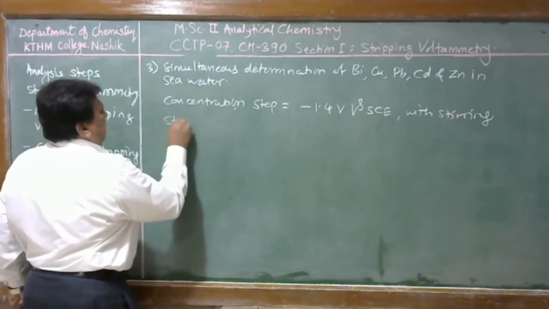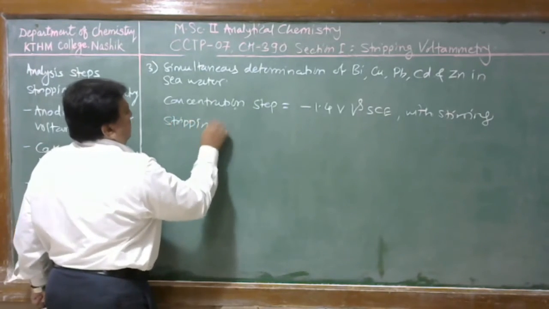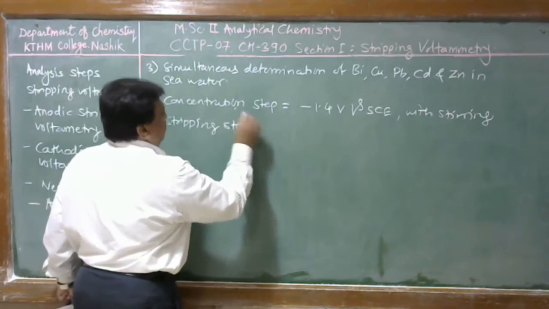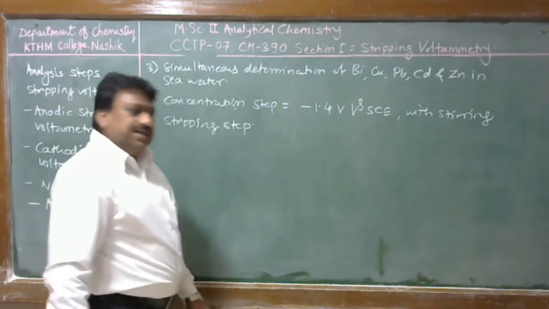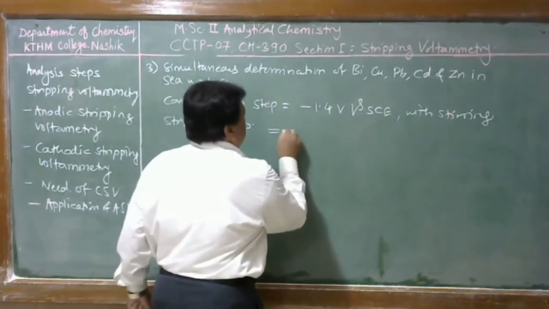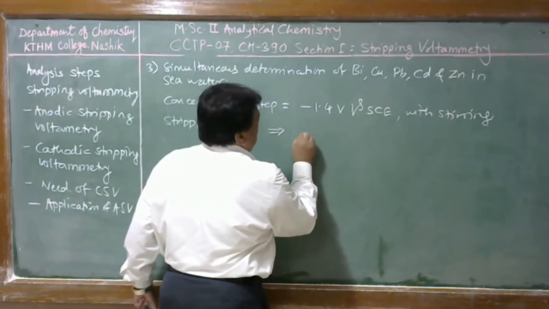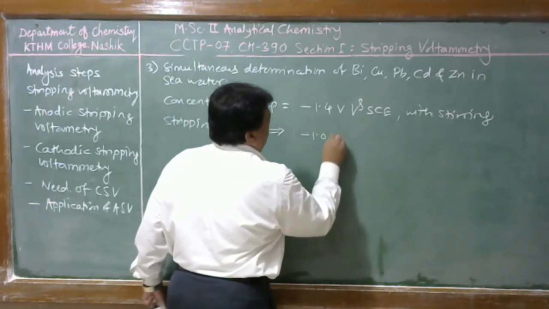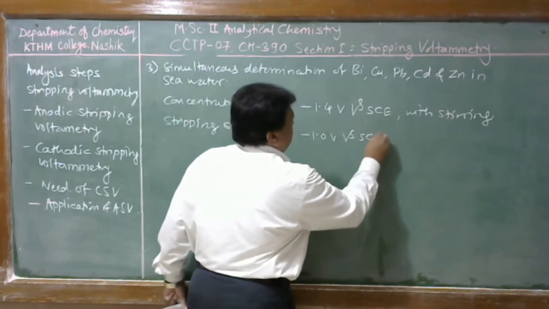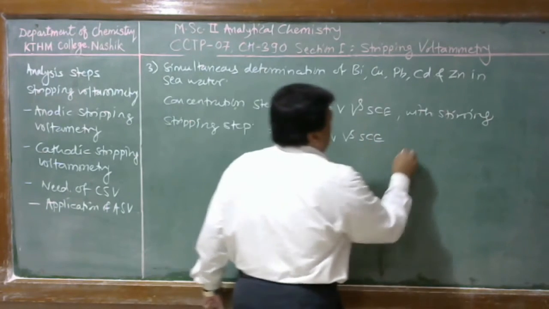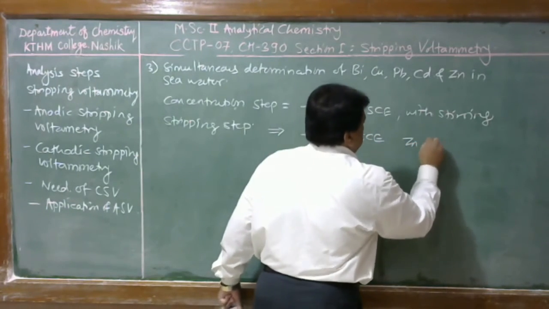Then stripping step is carried out either by linear mode or in a pulsating mode. When potential reaches minus 1.0 volt versus saturated calomel electrode, we have peak current for zinc.